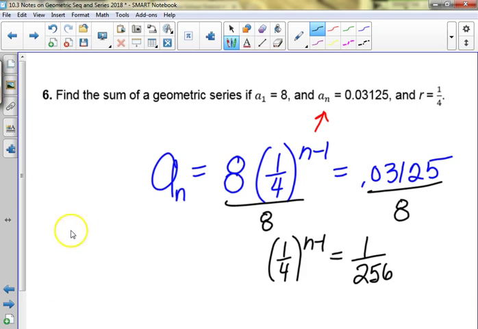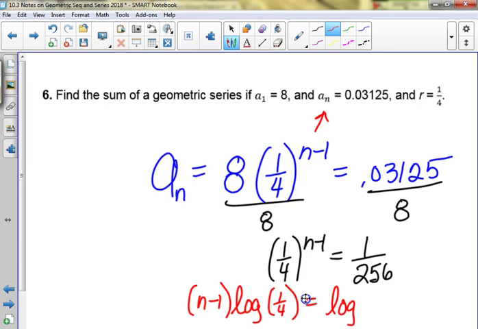Okay. If we rewrite this, we'd have the log of 1/4. We could move this out in front, right? Equals the log of 1/256. So, log of 1 divided by 256, now divided by the log of 1/4.